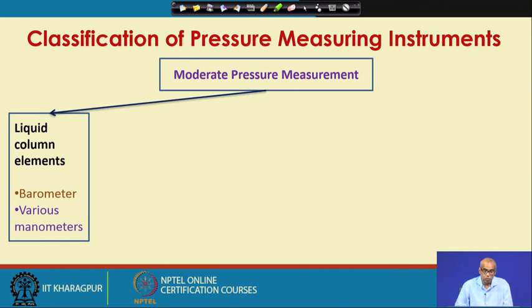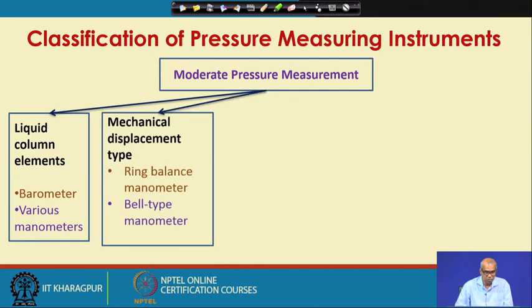Again, there are various classifications based on the principle on which they work. We call them liquid column elements. Examples are barometers and various manometers. Then mechanical displacement type: ring balance manometer or bell type manometer. This is essentially pressure measurement by balancing against a known force.